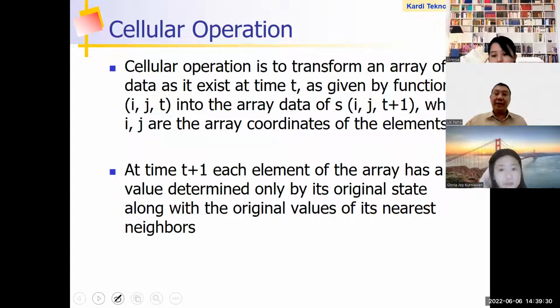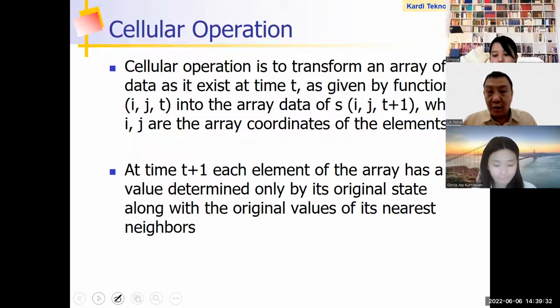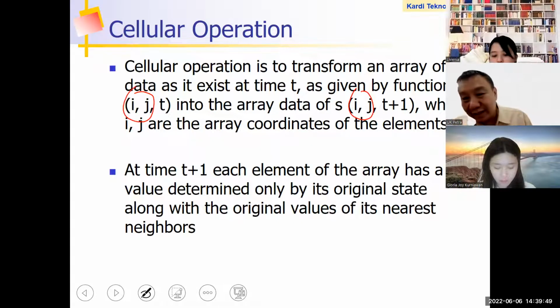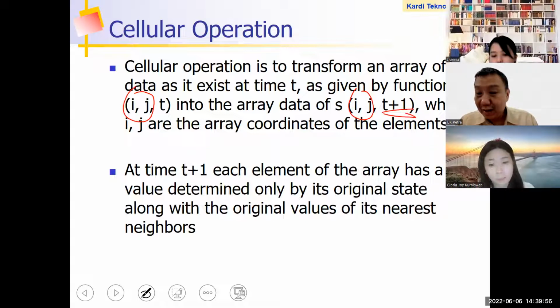The cellular operation is based on the cell ij, and then you have a function that will transform the same cell into the next time step. The time step is still discrete.